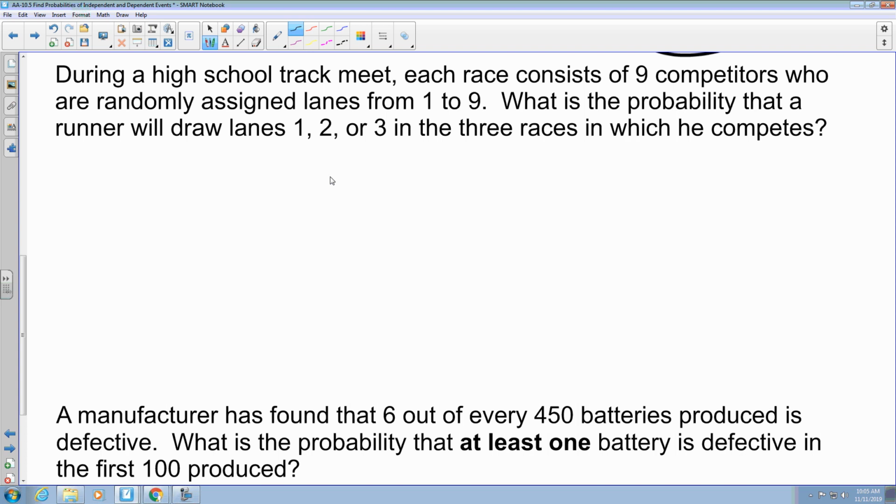There's nothing that carries over from the first event into the second or even into the third. So the probability of being in lanes 1, 2, or 3 is 3 out of 9. Same thing goes for the second race and the third race. So 3 times 3 times 3 equals 27, and 9 times 9 times 9 equals 729.